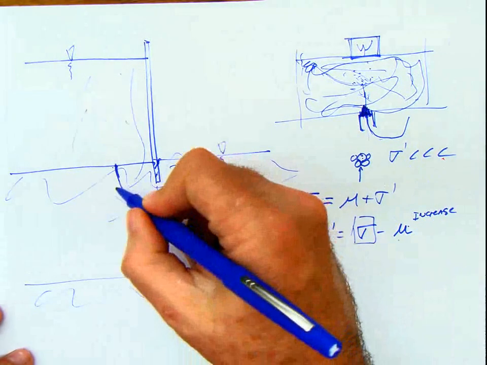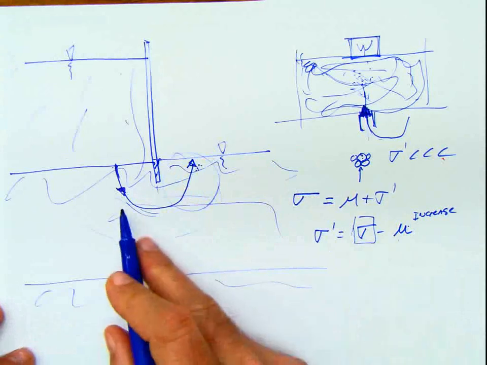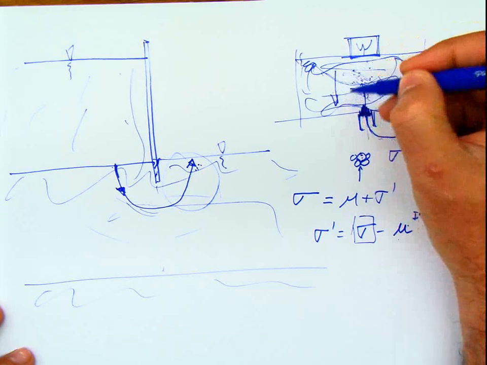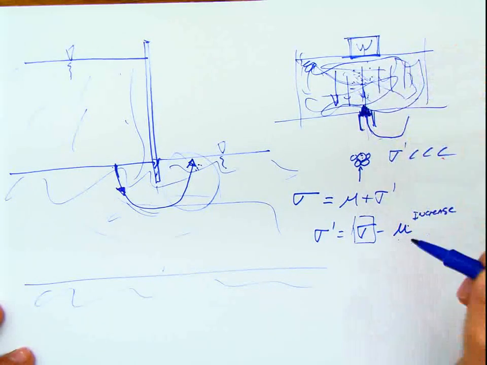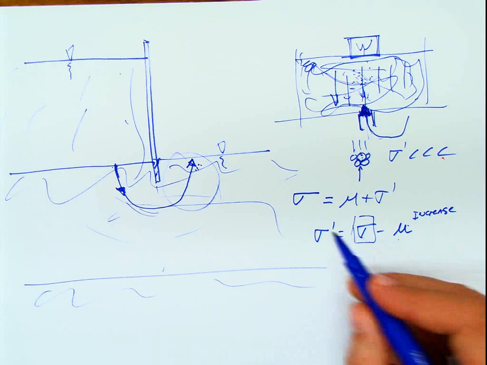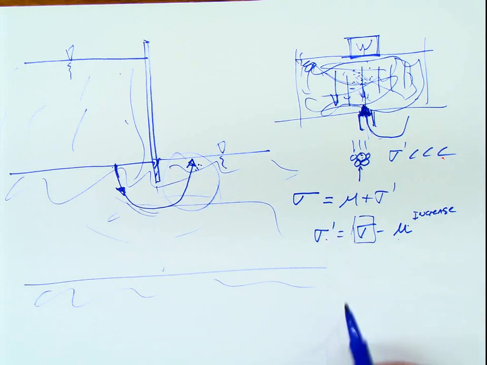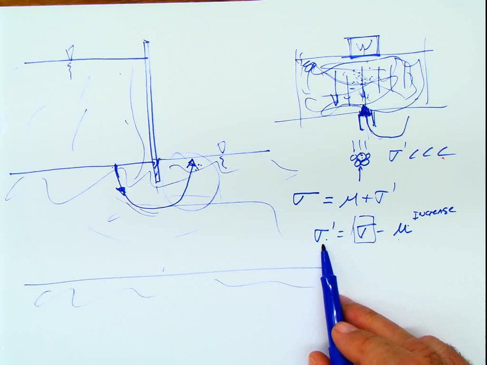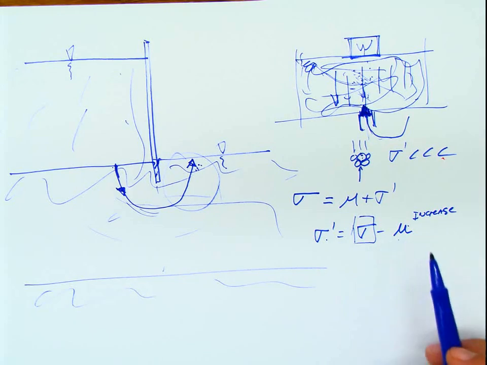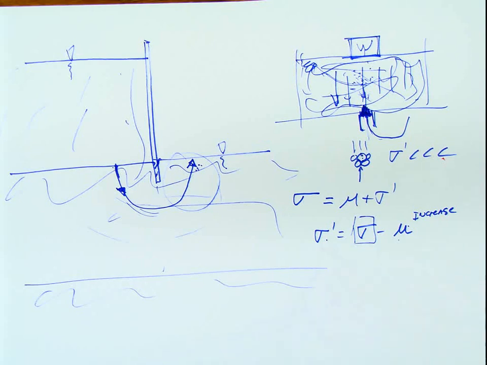This is this part. Now if you analyze this part here, it's the opposite. Now you have the seepage coming in this other direction, which basically is acting with the grains and interlocking them even more, increasing the effective stress. Once again, the only way for this to increase, if the total stress is constant, is that the pore water pressure decreases. So for downward seepage, the pore water pressure is going to decrease and the effective stress is going to increase.